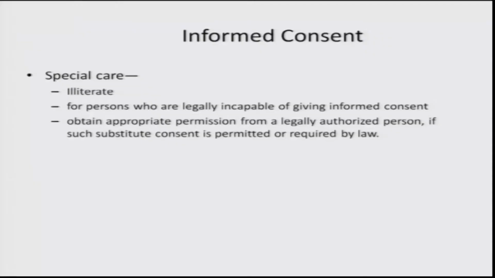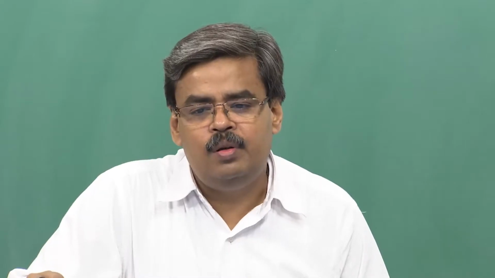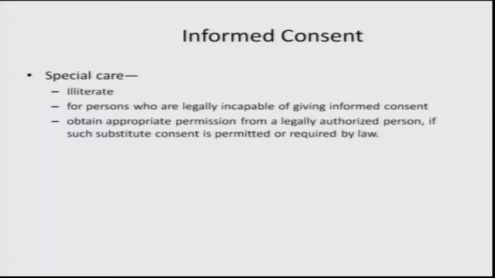In case your study involves illiterate participants, then you have to take special care. Further, if you involve people who are legally incapable of giving their informed consent, then also you have to go for an appropriate legally authorized person who would sign on their behalf.